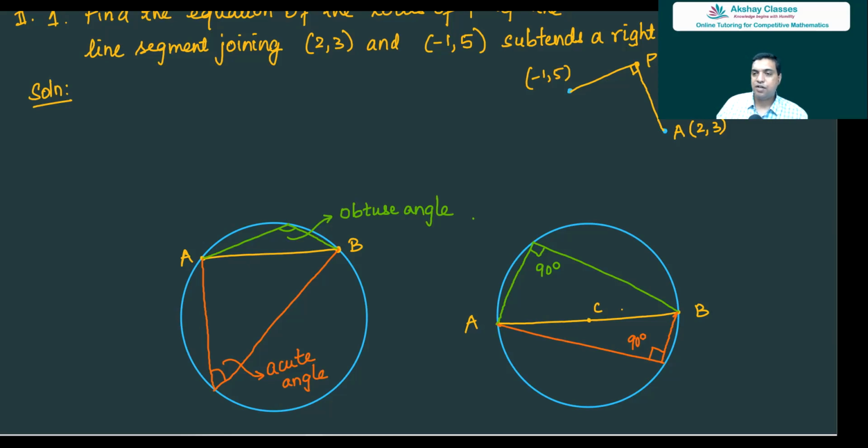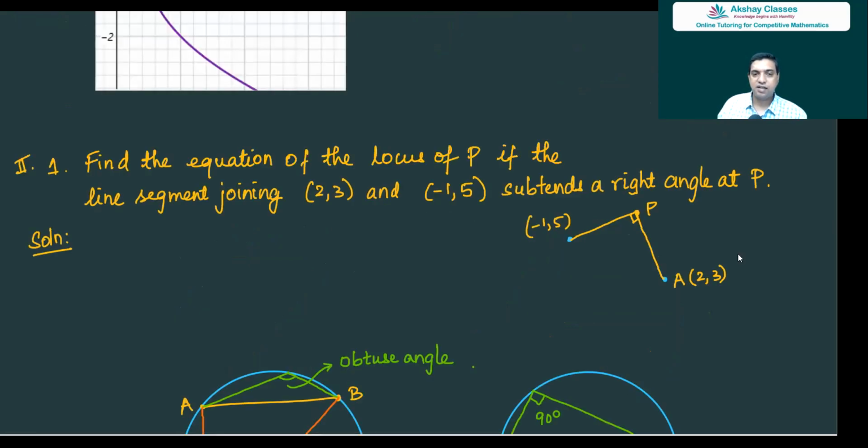So now my question is, find the equation of the locus of P if the line segment joining 2, 3 and -1, 5 subtends a right angle at P. This will be a circle. The locus of this will be a circle whose diameter is the line joining the two points A and B. We will see that.